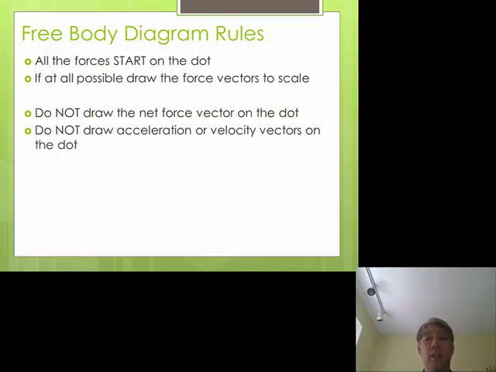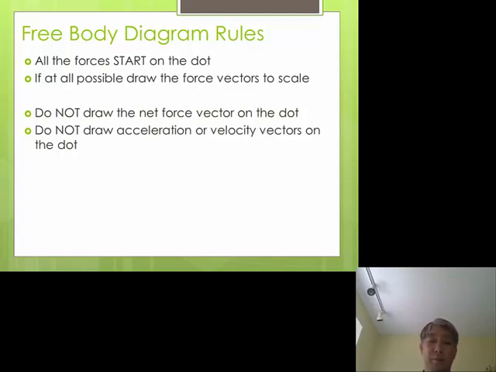Make sure that it starts on the dot and goes away from the dot. And if at all possible, pay attention to the scale. Longer vectors imply a greater force. Smaller vectors, smaller force. Especially if there's a grid provided to you where you can scale them without having to break out a ruler, then definitely pay attention and draw the force vectors to scale.